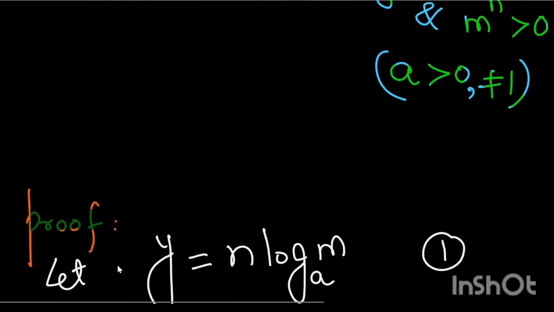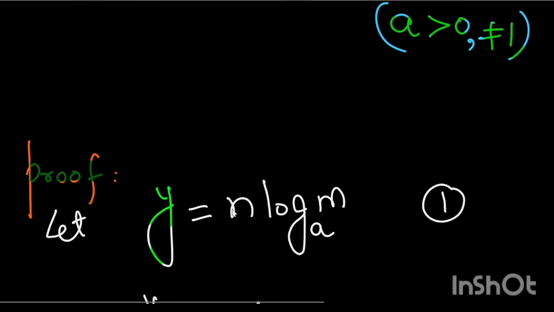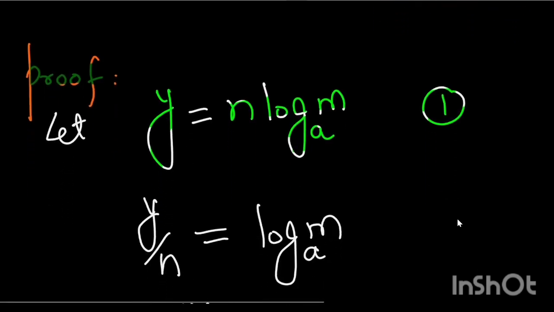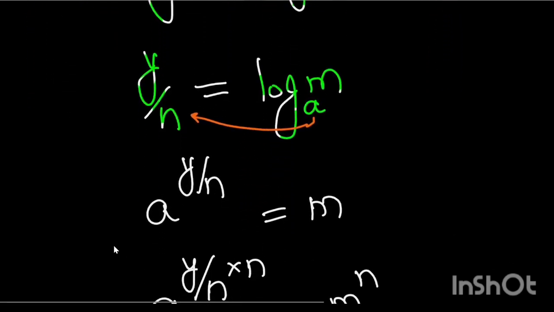Okay, let's see the proof of this. Let's assume y is equal to n log m base a. Let's say this is first. So dividing by n, on the right hand side we are left with log m base a. Now using the definition, converting this logarithmic form to exponential form, this a will come out and it will push y by n above, like this. So a to the power y by n is equal to m.